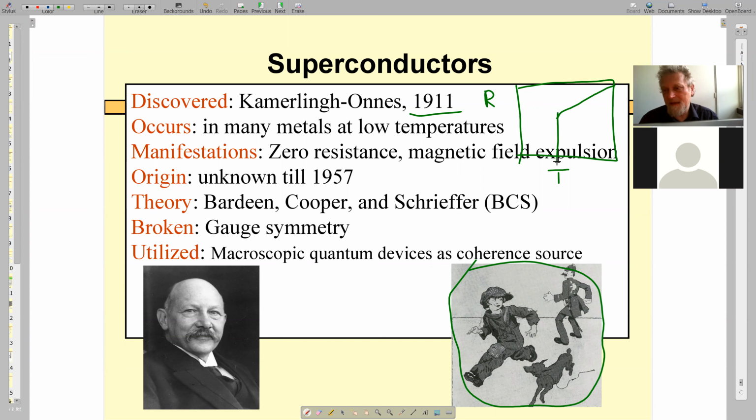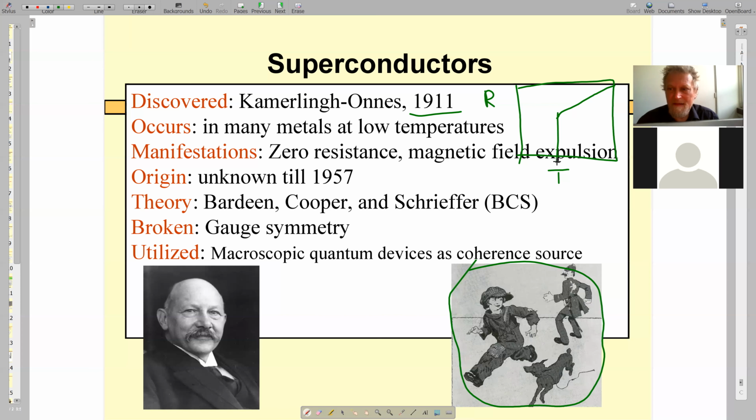Okay, that young man was sent back to the streets without any payment. But the professor checked everything again, and superconductivity had been discovered. Right. So it's zero resistance, which occurs in many metals below some critical temperature, and resistance is really zero.